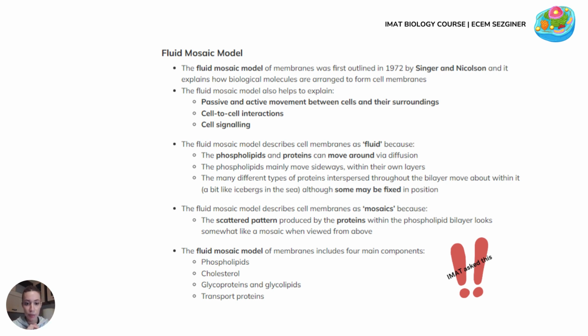Because of the scattered pattern, we called it mosaic because it looks like a mosaic cake from the outside. And the main components of the fluid mosaic model, you should know the last part especially. It's been asked. So when we talk about a fluid mosaic model or phospholipid bilayer membrane model, you should know that phospholipids, cholesterol, glycoproteins, glycolipids, and transport proteins are included.